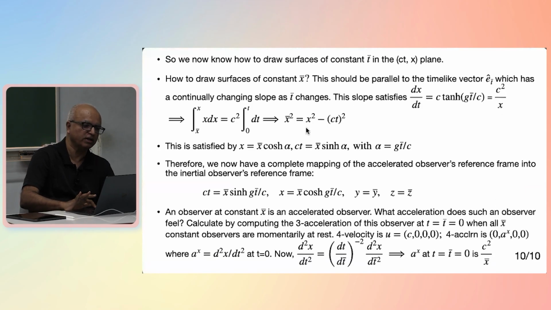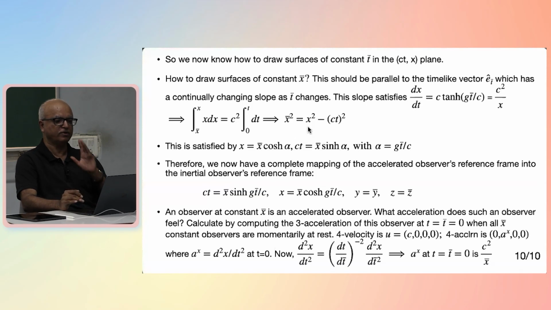You do this integration. This is a hyperbola. Surfaces of constant x bar are hyperbolae, and that is what we saw in the solution. In that diagram, surfaces of constant x bar were hyperbolae, and this is satisfied by this hyperbolic solution.